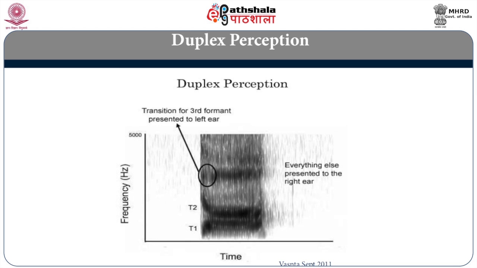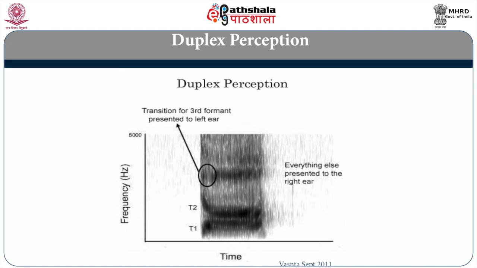Look at the spectrogram we are showing on the screen. The circle shows transition of the third formant alone given to the left ear, and then everything else is presented to the right ear. That is transition plus the formant which contains the vowel information. The entire information is given to the right ear, and the left ear is receiving only the formant transition which sounds like a chirp.